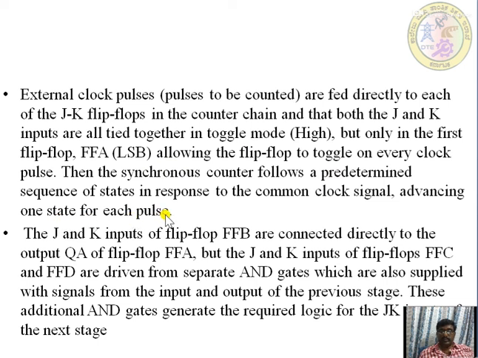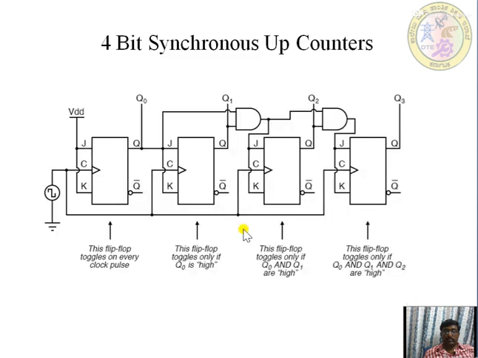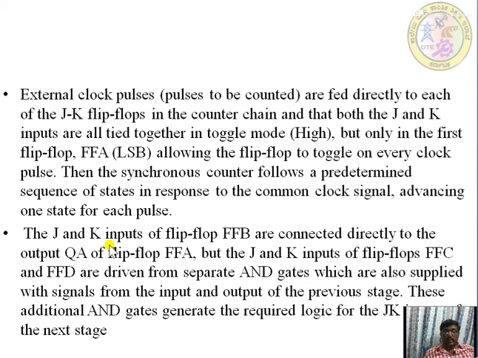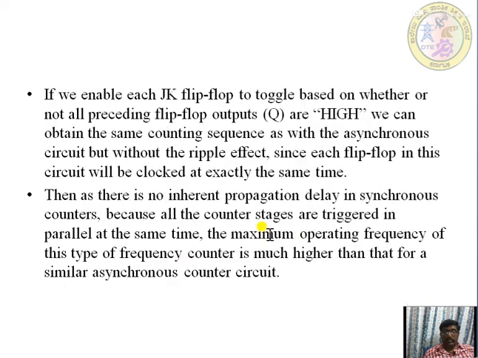As soon as the pulse is given, the clock signal will change. Next, the J and K inputs of flip-flop FFB are connected directly to the output QA of flip-flop A. Then the AND gates are also supplied with the signals.